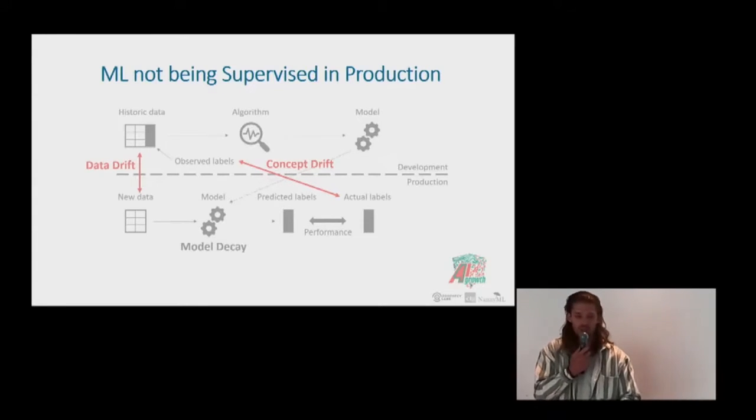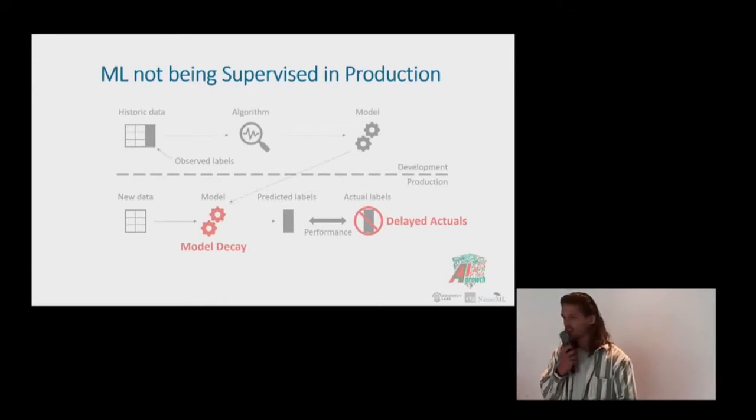When it comes to churn, this might be because you launched a new feature, you're attracting new customers, and the demographics change. So the statistical properties of the input data that goes into the model change. Concept drift is the same, but it's changes in the statistical properties of the target data, so the churn itself that you would like to predict.